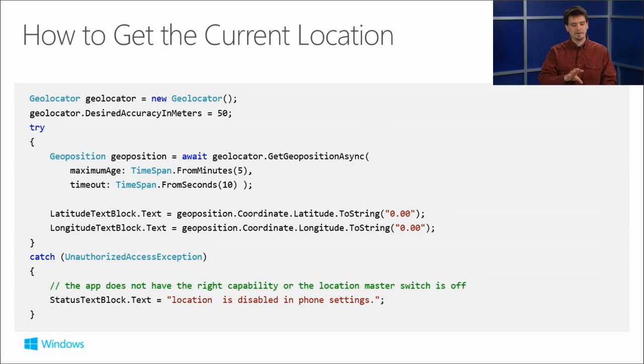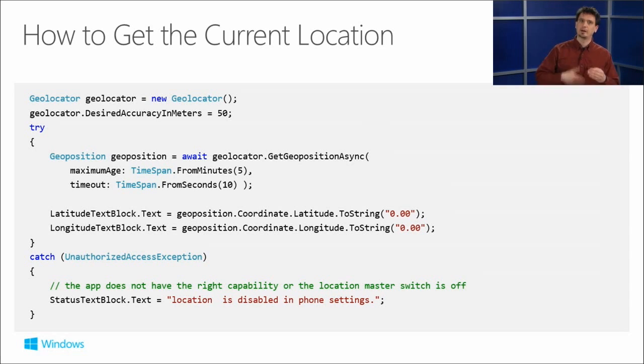So then we go into this try-catch. The reason we do that is because if we hit this unauthorized access exception, that's basically its way of letting us know that we haven't requested access in the manifest for doing geolocation. And then we get our geoposition async.